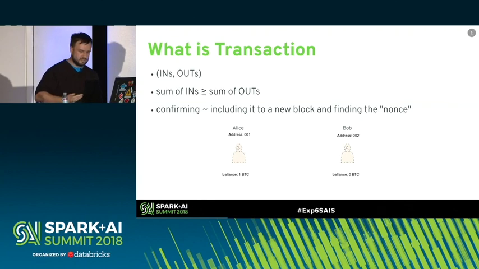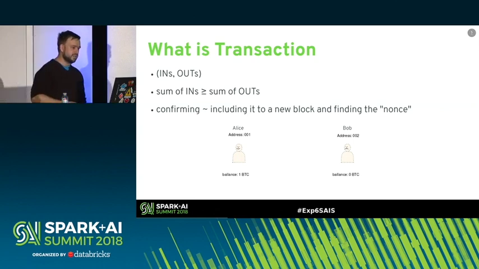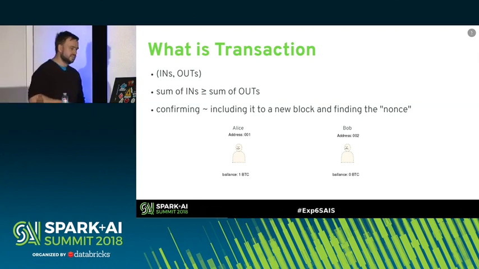So what actually a transaction is: as I said before, it's stored in a block, but technically it's a list of inputs and outputs, where there is a simple rule, an equation, that the sum of all inputs must be higher than or equal to the sum of all outputs. You can't spend more than you have, basically.